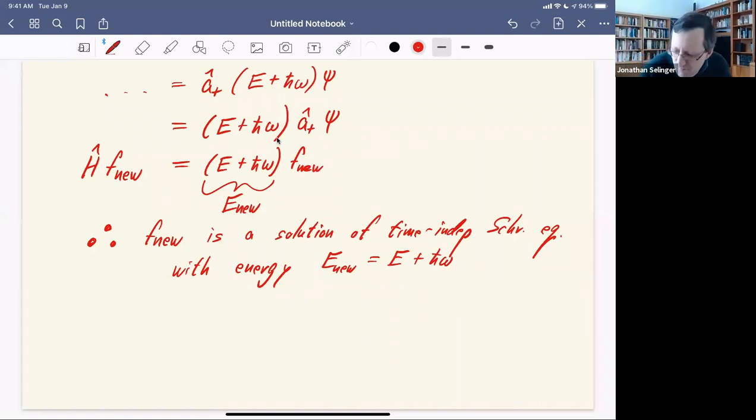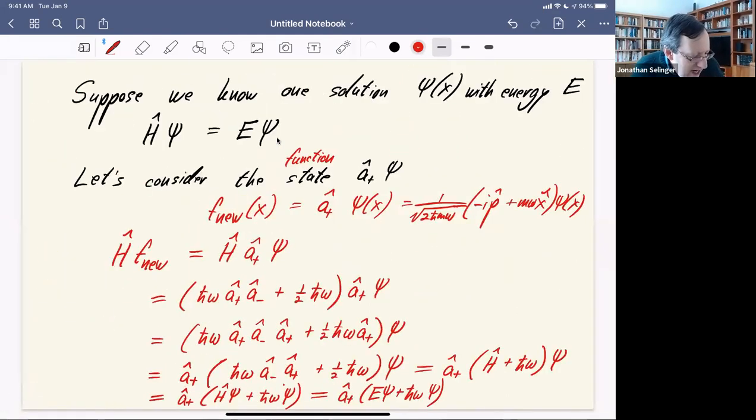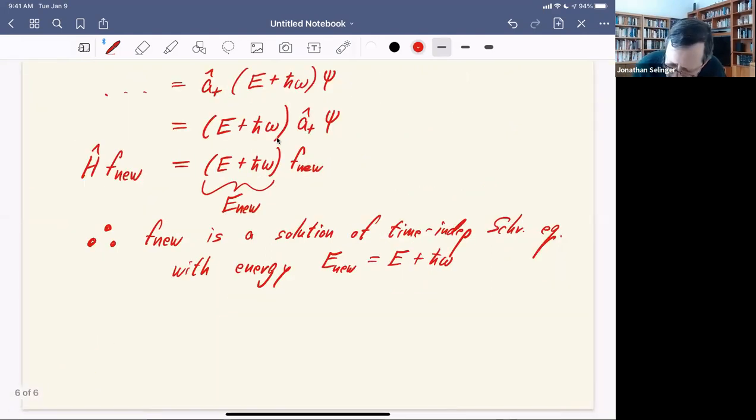All right. What do you suppose would happen if we let, well, here, before I say that, there's a name, okay? So we say, therefore, A plus is called a raising operator.